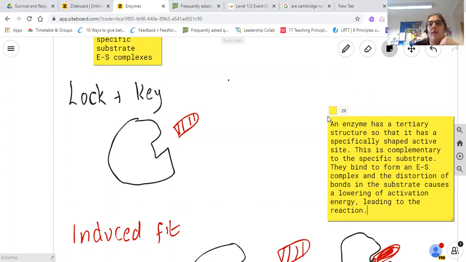You can see straight away that we are using terms that we listed up there: tertiary structure, active site. This is complementary to the specific substrate, and they bind to form an enzyme substrate complex. And the distortion of the bonds in the substrate causes a lowering of activation energy, leading to the reaction. So when you construct your answer for an enzyme question, make sure that those terms are included.